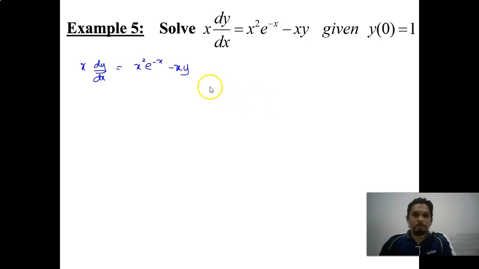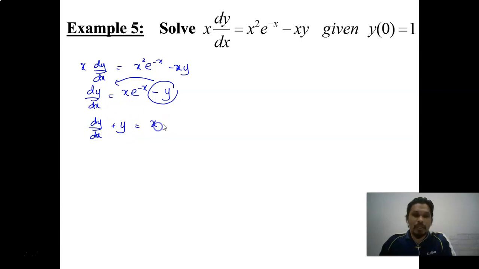So here we divide by x, so we come up with dy/dx equal to x divided by x equals 1, x squared divided by x, then x e power of negative x, minus x divided by x, 1, and y. Okay, bring this to the other side: plus y equal to x e power of negative x.